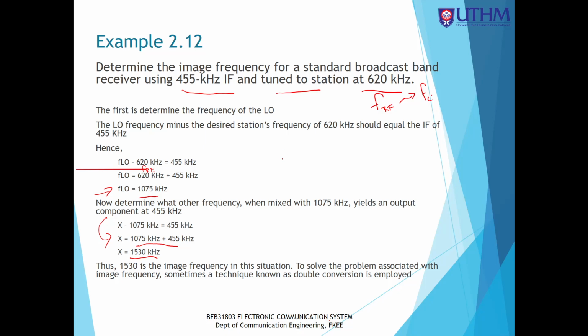And you can also find F image using the other equation, FRF plus 2 times FIF, which is 620 kilohertz plus 2 times 455 kilohertz. So you will get the same answer, which is 1530 kilohertz.